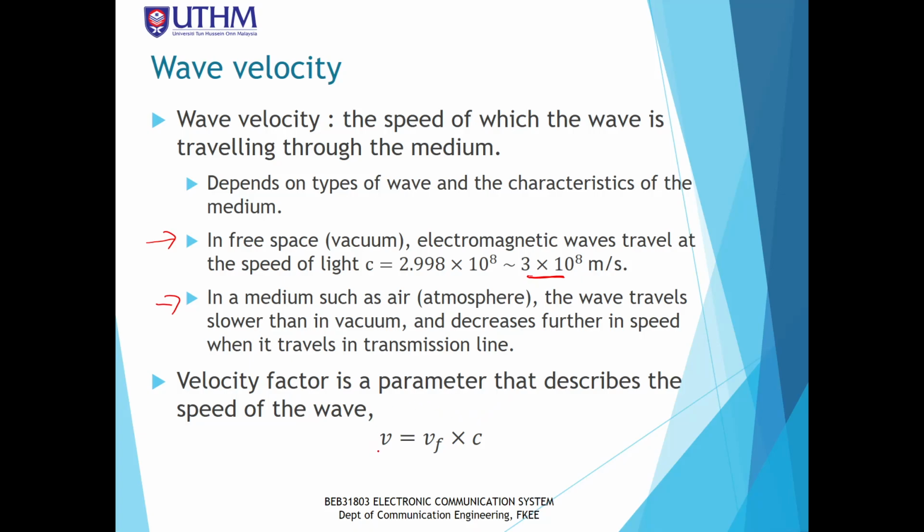The wave velocity is equal to the velocity factor multiplied with the speed of light. This VF ranges from 0 point something up to a maximum of 1.0. So if the medium is non-vacuum, the velocity factor will be reduced to less than 1, so you get a speed less than the speed of light. So VF, the velocity factor, depends on the type of medium.